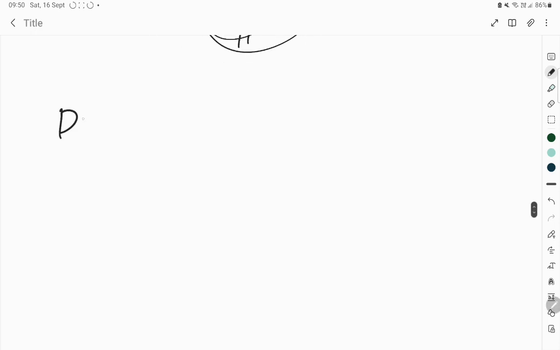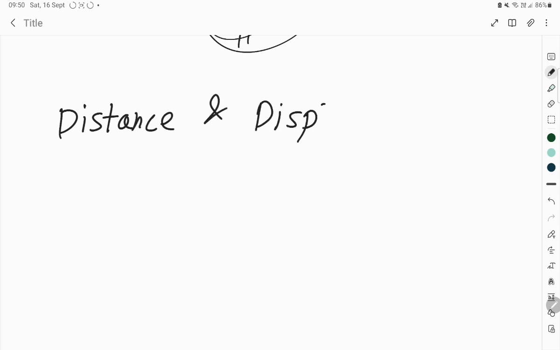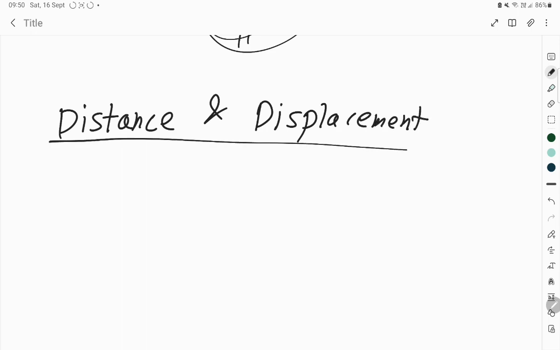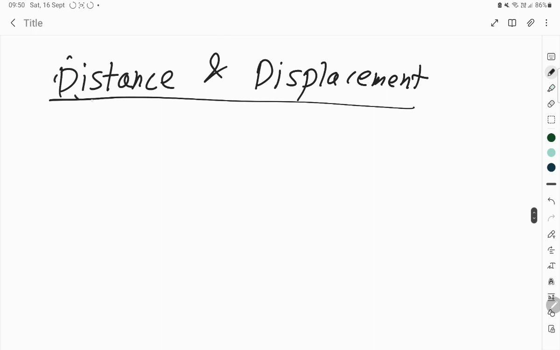Let's study distance and displacement. Let's come to distance. What is distance? Distance is the path length of a body.